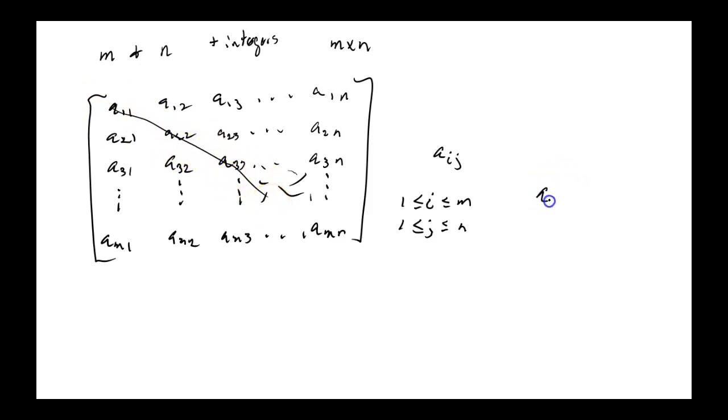Those entries are A sub II. These are called the main diagonal entries, going upper left to lower right. That's the main diagonal.